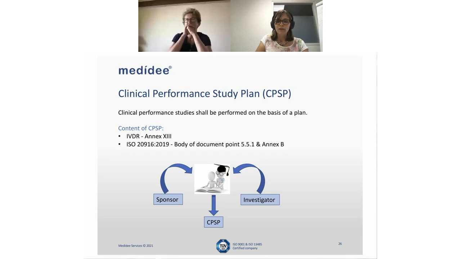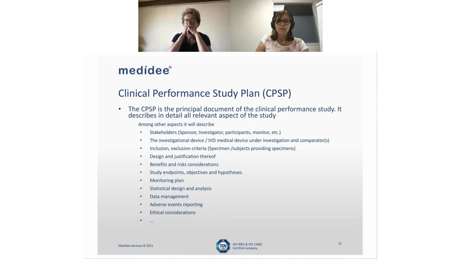The content of the clinical performance study plan, which needs to be drafted for any type of clinical performance study, is written in Annex 13 of the IVDR as well as in the standard. Here are a few aspects which need to be considered as part of such a clinical performance study plan.